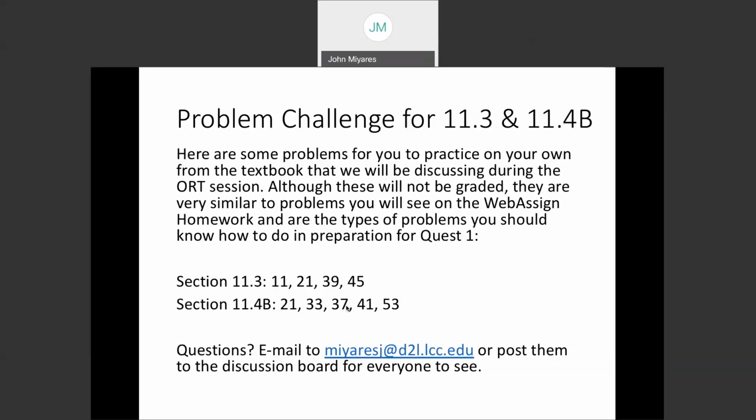So here are the problem challenge problems for the two sections that we're covering. Some of you might be wondering why we're doubling up like this and having so many problems to start with, when I said on the first day that problem challenge problems would only involve 5, maybe 6 problems at most, and here for the last couple nights we've seen 10.